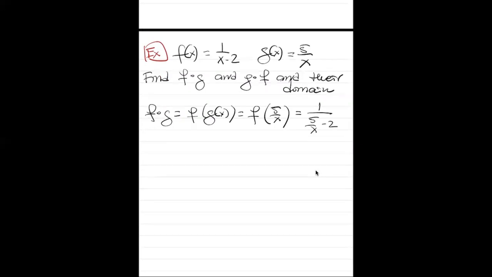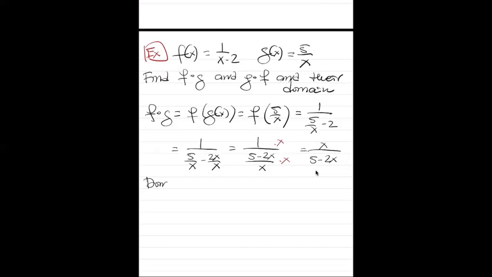And the domain, all x except, we have to simplify it to find the domain. So let's do this. 1 over 5 over x minus 2x over x, so they have the same denominator. 5 minus 2x over x multiplied by x, top and bottom, so it's x over 5 minus 2x after these two cancel.